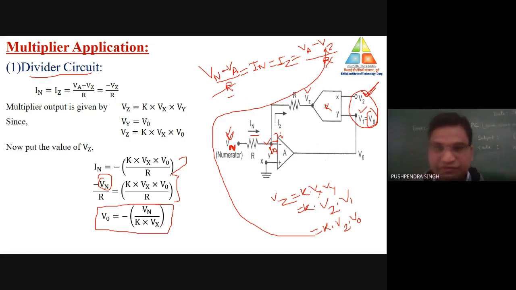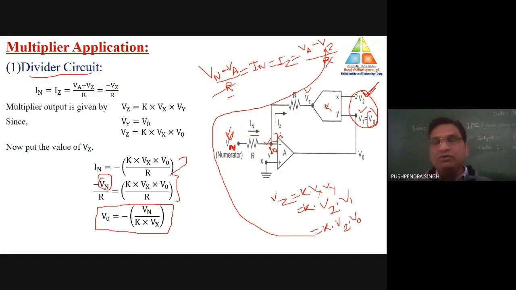Now don't get confused with that, because the Vx terminal is connected to V2. So how do you need to proceed? Just equate the current equations, that means In and Ij. Calculate the value of In and Ij from the circuit and substitute the value of Vz. Why? Because Vz is your unknown parameter.